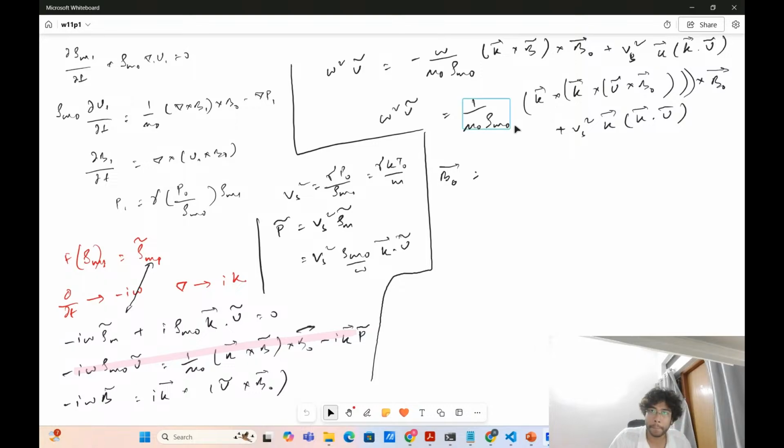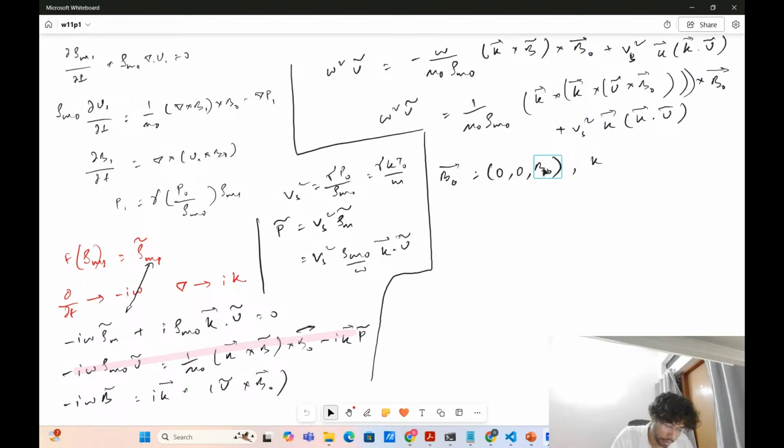And another thing we can do, as we have done earlier as well, is take B naught by mu naught rho m naught as the Alfvén speed. So we don't need to worry about mu naught rho m naught, but let's define B naught, without any loss of generality, to be only in the z direction, okay?